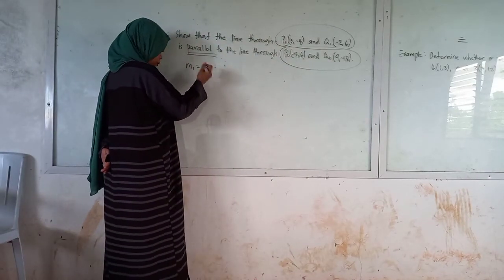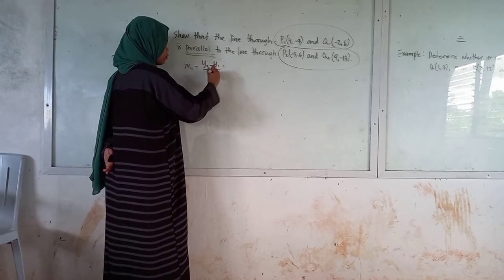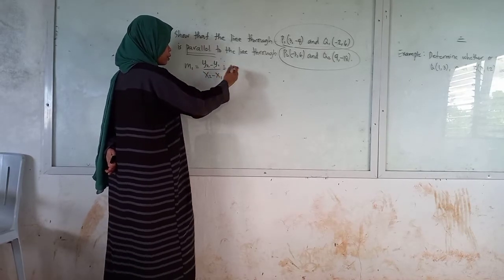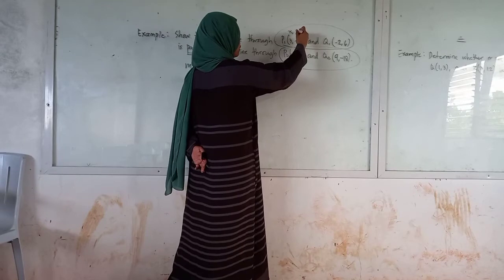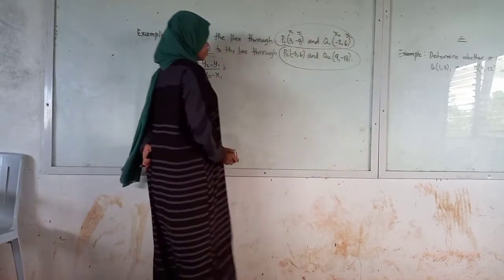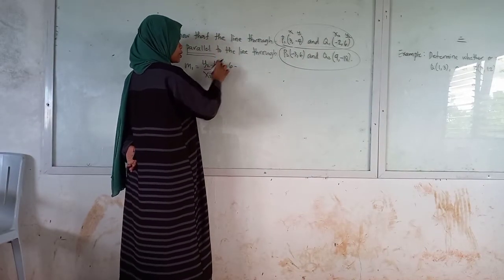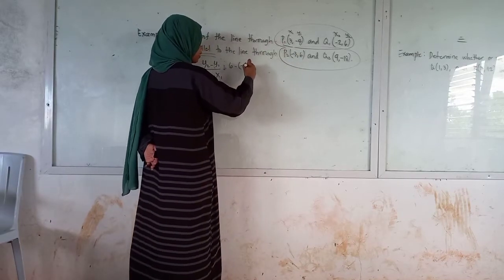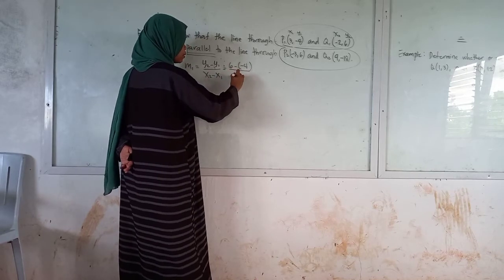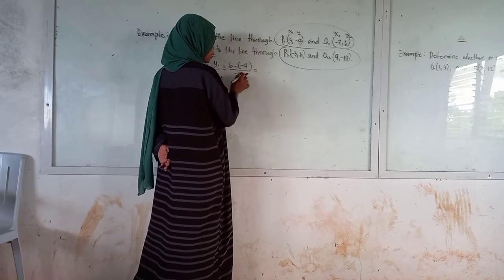Using the formula of slope, we have y sub 2 minus y sub 1 over x sub 2 minus x sub 1. By substitution, this will be our x sub 1, y sub 1, x sub 2, and y sub 2. So we have 6 minus, our y sub 1 is -4, so 6 minus -4 over, our x sub 2 is -2 and x sub 1 is 3.